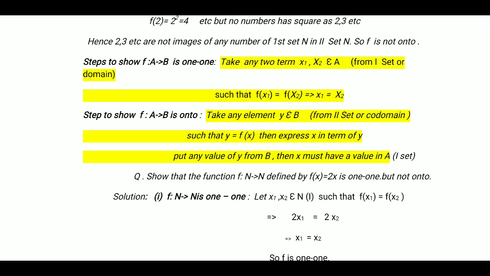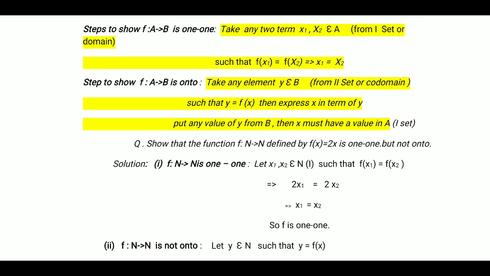Take any element y of the second set B such that y is equal to f(x). Put the value of f(x), you will express x in terms of y, and if you put any value of y, means a value from the second set, then its value x must have a value in the first set also. This is the procedure.